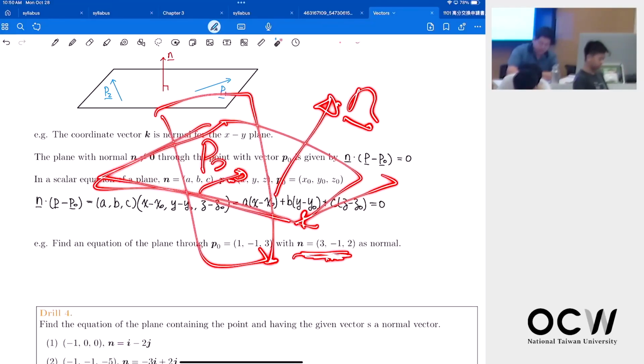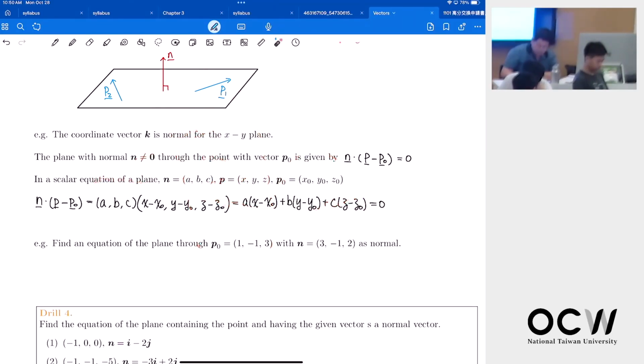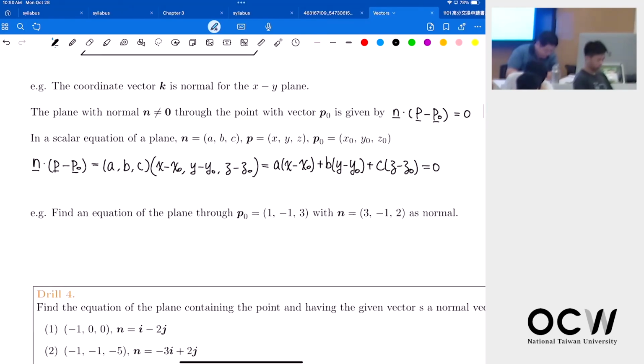Okay, not this one. So with the normal vector, I need a plane going through P naught. Then this plane should be 3(x - 1) + (-1)(y - 1) + 2(z - 3).